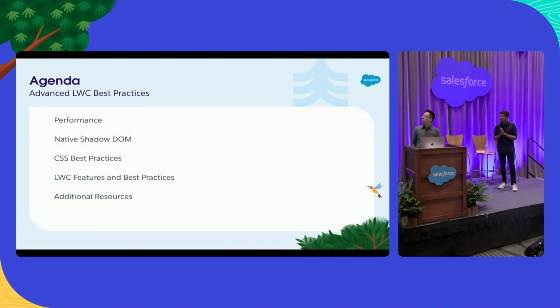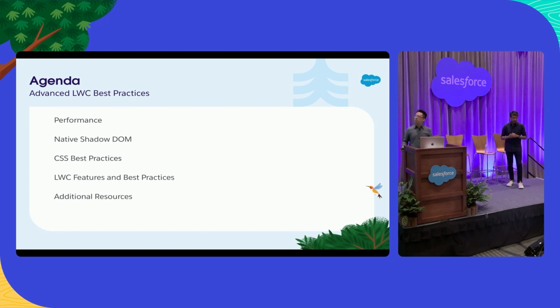All right, so here's what we're going to cover this morning. We're going to jump into some general performance tips and tricks. We're going to talk about native shadow, some CSS best practices, and then we'll end off with a collection of various LWC features and best practices that might be useful to you. Overall, this talk will just have a collection of various concepts, so we might be jumping around a bit.